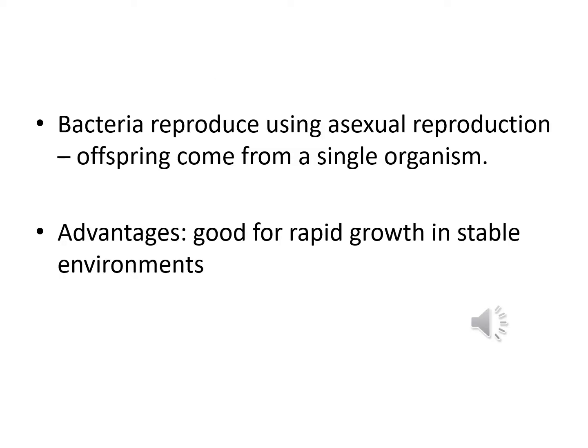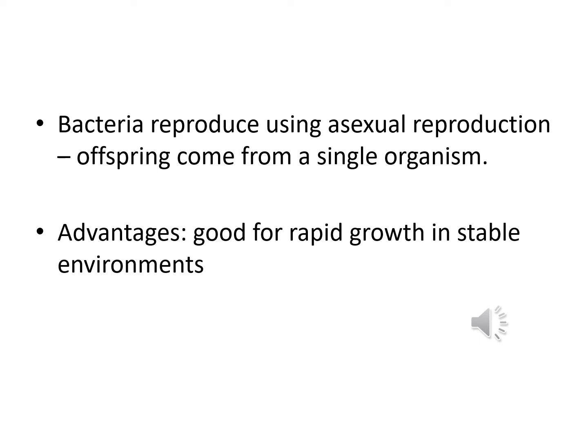Many bacteria and other unicellular organisms will reproduce using asexual reproduction. That's when the offspring comes from a single organism. It basically does something like mitosis. It duplicates its DNA, it gets bigger, it splits into 2 genetically identical organisms. This is really great if you've got rapid growth in stable environments.